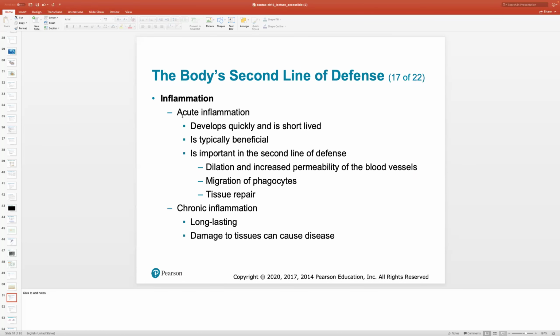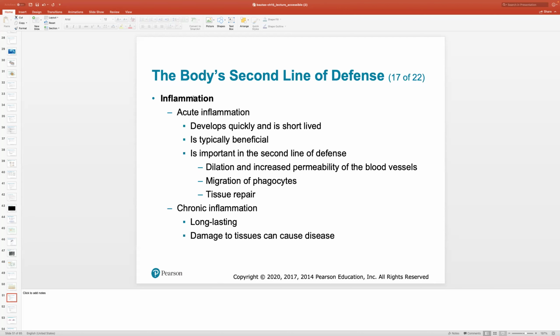Okay, there's acute and chronic. Acute is quick, short-lived, usually beneficial, and it's important in the second line of defense. And chronic inflammation is long-lasting, and damage to tissues can cause disease. You've heard a lot about inflammation and about anti-inflammatory agents that you can take, non-steroidal anti-inflammatories like ibuprofen and aspirin.